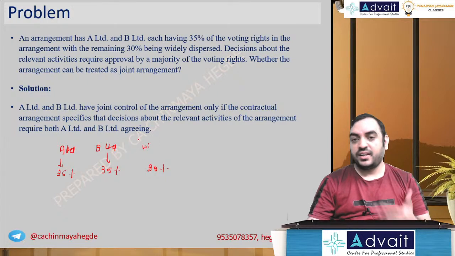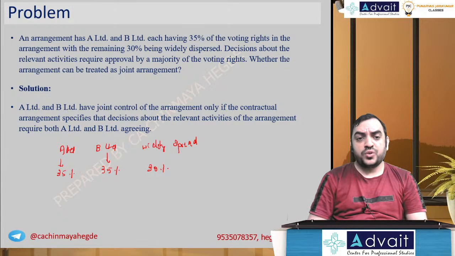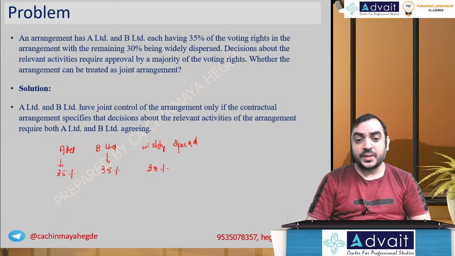That means many people have ownership of this. Decisions about the relevant activities require approval by a majority of the voting rights. Can the arrangement be treated as a joint arrangement?